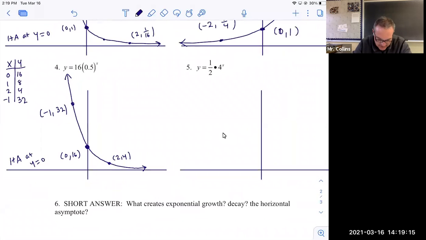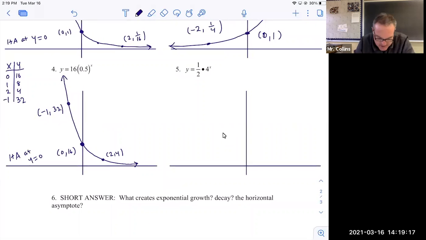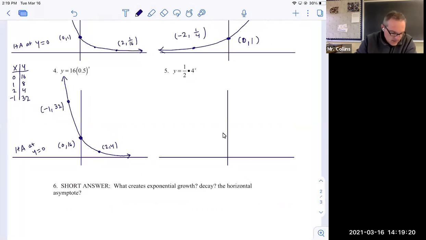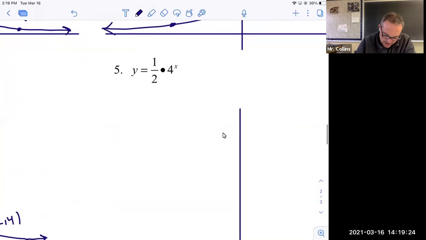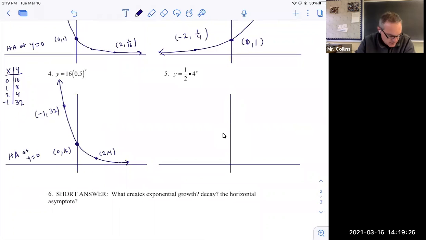And then finally, I have 1/2 times 4^x. If you really want, you can get a common base of 2, but I don't even think it's necessary. Again, I would plug 0 into this. 0 would give 1/2. There's (0, 1/2). The base is 4.